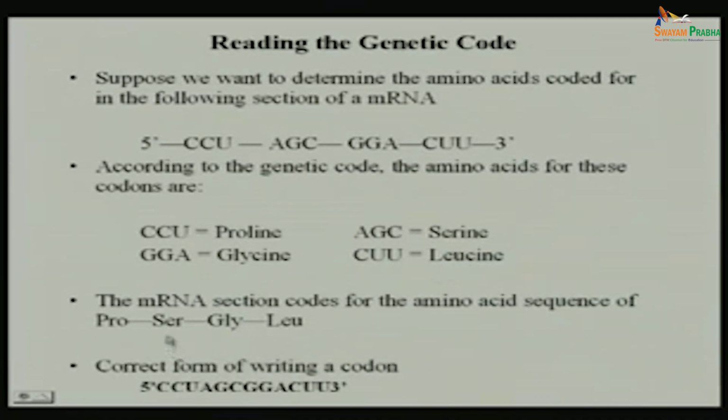We can write proline, serine, glycine, leucine, but when writing the actual codons, we write 5 prime CCU AGC GGA CUU 3 prime. While writing the codons, there should not be any punctuation, any comma, any full stop, any dash. This is the correct way of writing the codon.